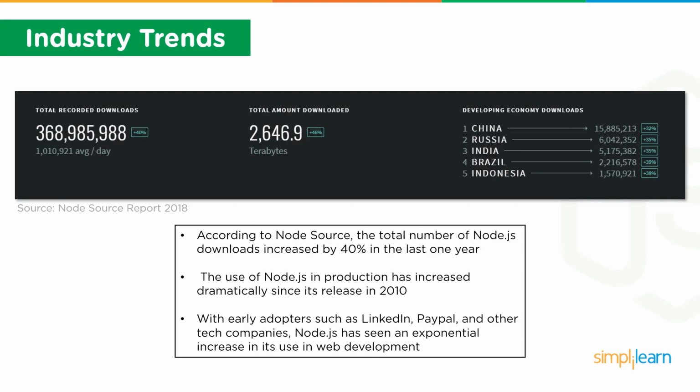So there's lots of opportunities. We've seen that the number of Node.js downloads has increased by 40% over the last year. It's tremendous, the number of people looking to install Node.js, not so much because they're just trying to download and install it, it's because they're actually using it, which is fantastic.